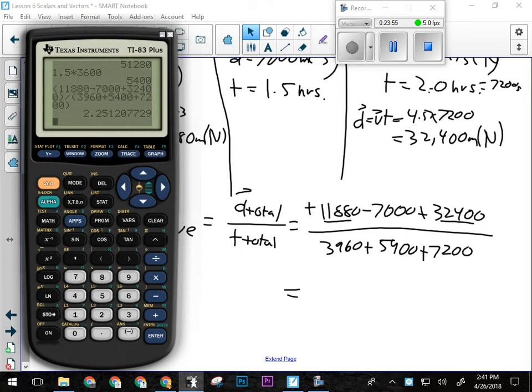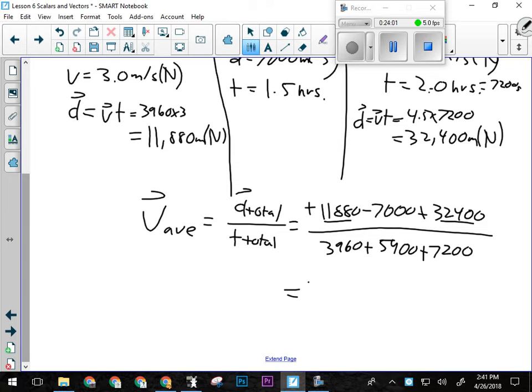All right, so the average velocity of the elephants is 2.25 meters per second. And because it came out positive, it's which direction? North. Okay, that's about as tricky as a v equals d over t problem would get for you. Okay, they won't get any harder than that.